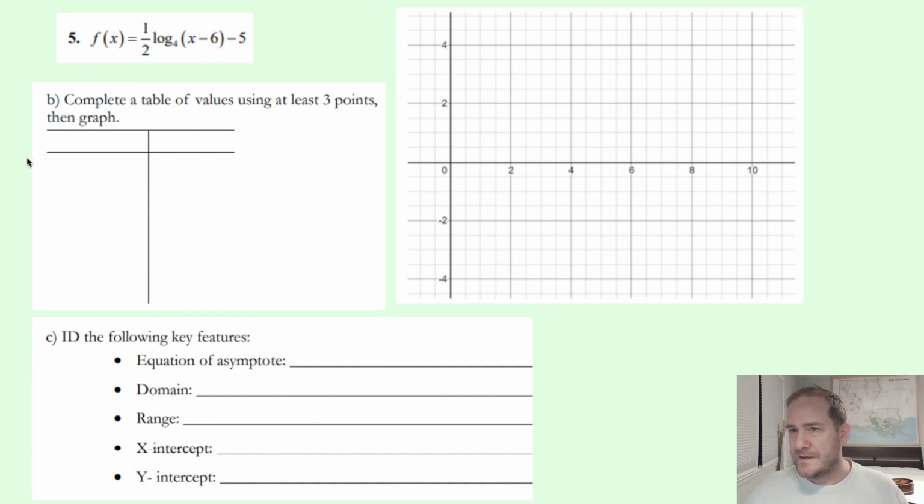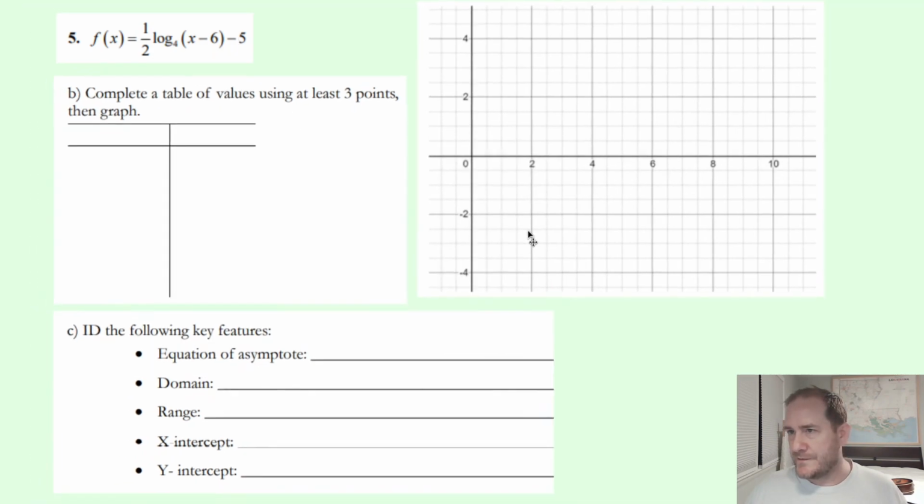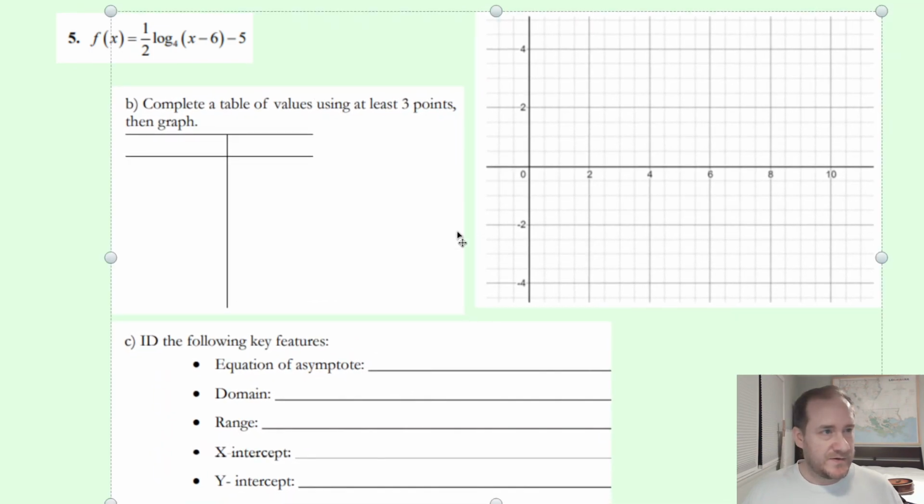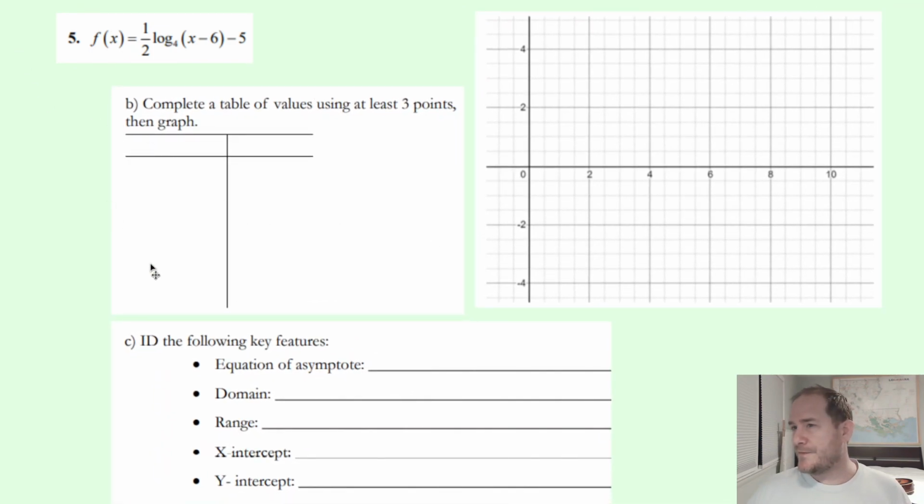Like we said, the most important thing here for graphing is choosing X values that make sense. Okay. So with a base of 4, think about it. Where do I have room to write? You know, log base 4 of 4 is certainly really easy to evaluate. It's 1.